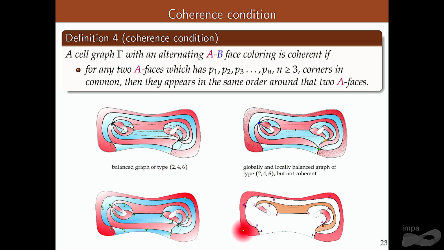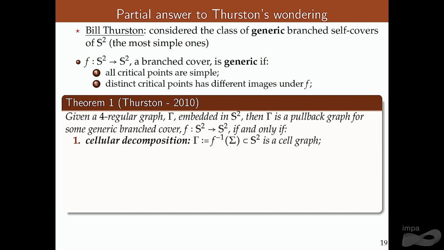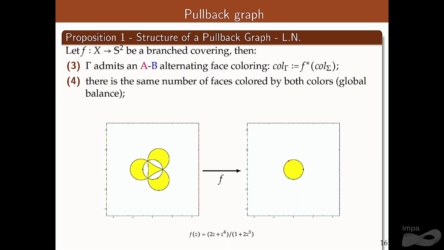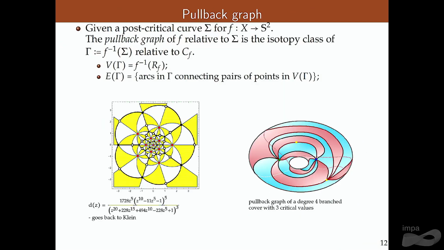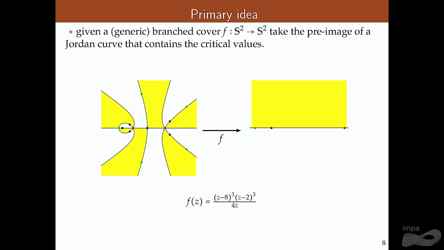For instance, remember that when I have a pullback graph and I label the critical values, they appear around its faces in the same order.